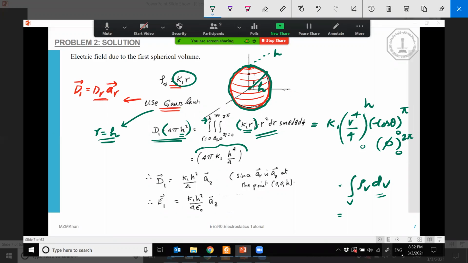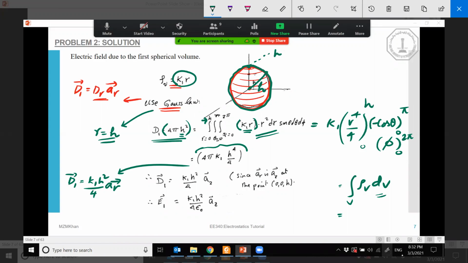Now do the simplification: 4 pi cancels, and h to the power 4 over h squared becomes h squared. So what is left is k1 h squared over 4 times ar. Let me just write it here: d1 is equal to k1 h squared over 4 times ar.